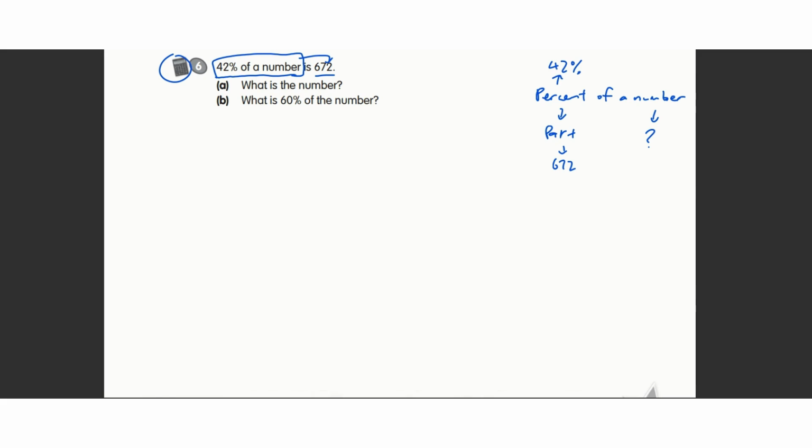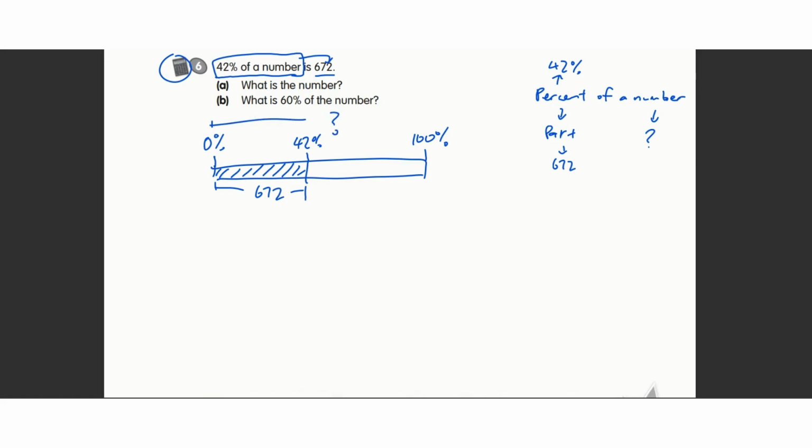Meaning, if I draw the model out, just like the previous question, from 0 to 100%, up to 42% may be around here. This quantity here, this is 672. So you actually don't know the whole 100% of the number. So that's what's saying here.